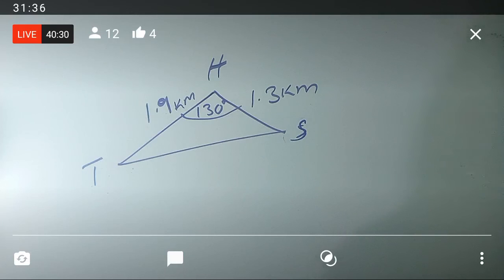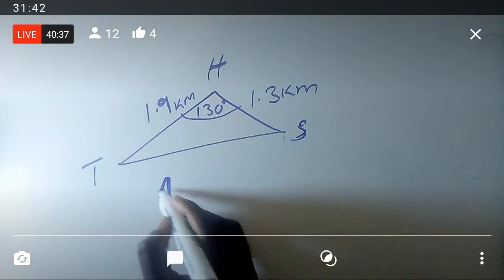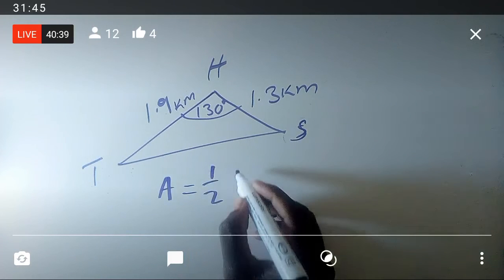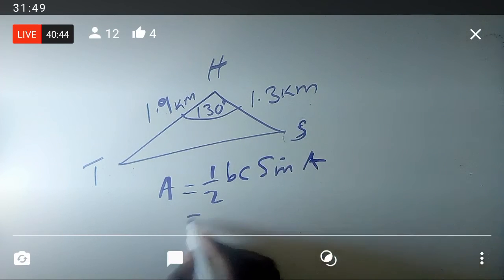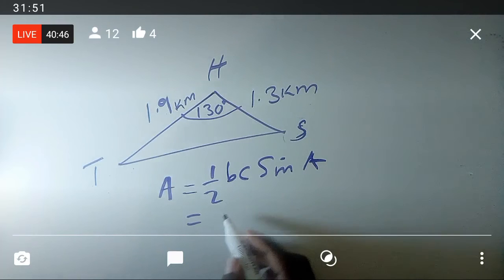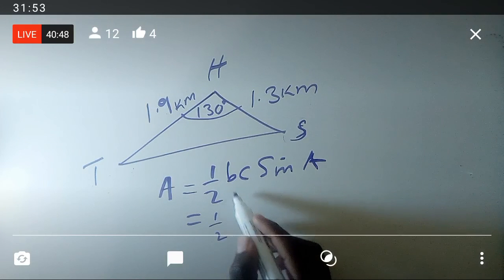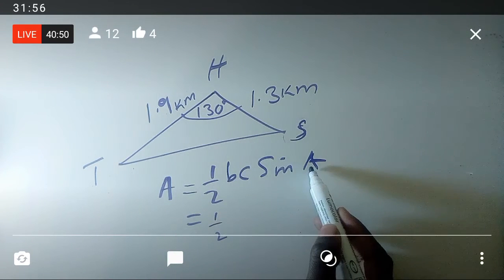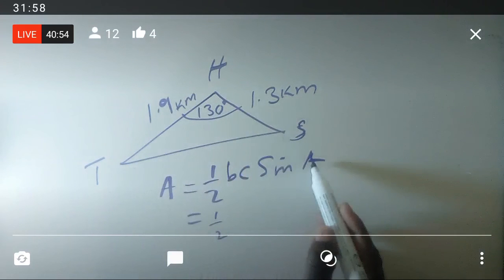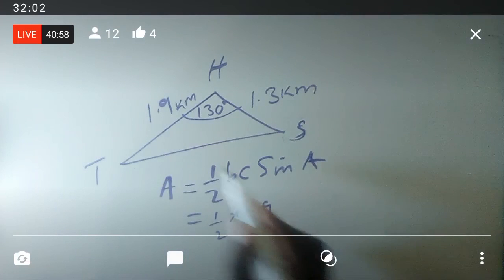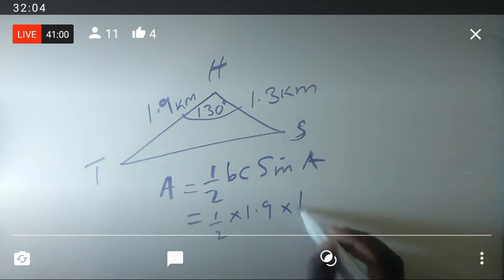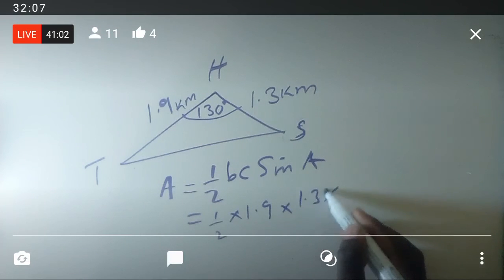So for finding the area of this triangle, we need to use the formula, which says area is equal to 1/2 BC sine A. So we can plug in. Remember, I said A should be the angle forming these two sides. That should be your capital A. So we get this one times this other one, multiplied by sine 130 degrees.